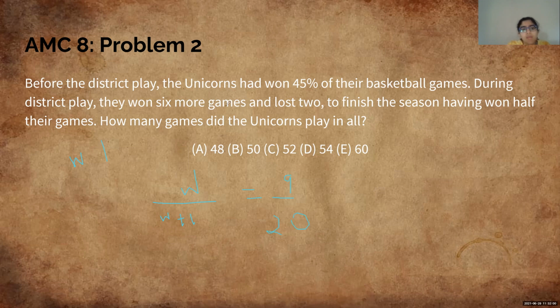And then we can see during the district play, they won 6 more games and lost 2, finishing the season having won half their games. So win plus 6 over win plus loss plus 8 is equal to 1 over 2, right? So we are also given that. Now we can multiply both sides out and get 2 equations. We would get 20w is equal to 9w plus 9l for the first equation.